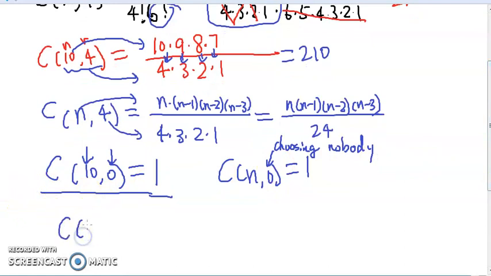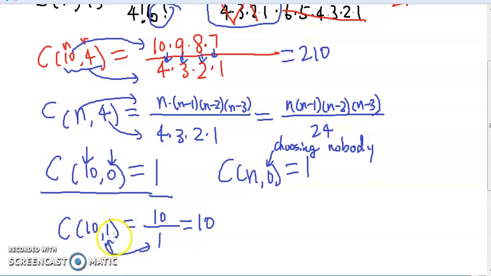And what if we do C10 choose 1? This is an easy case. If you do C10 choose 1, which means you have 10 people and you want to choose 1, of course that gives you 10 options. You can choose any of the 10 people. And if r is not equal to 0, we can still use the formula. By the formula, the bottom has 1 factorial, the top has 1 number, so 10 divided by 1 will be 10.